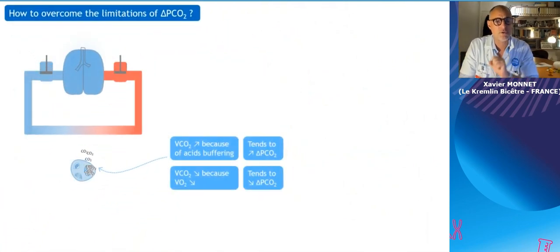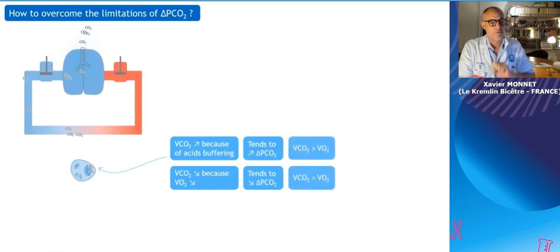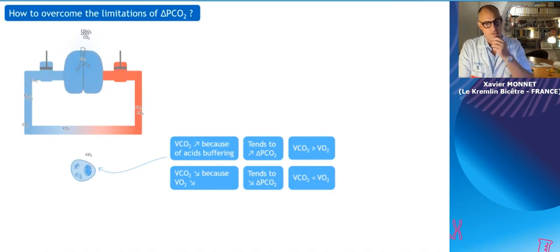A good way to overcome it is to consider that what you want to detect is the production of CO2 due to acids buffering. In such a case, it means that the production of CO2 exceeds the oxygen consumption.